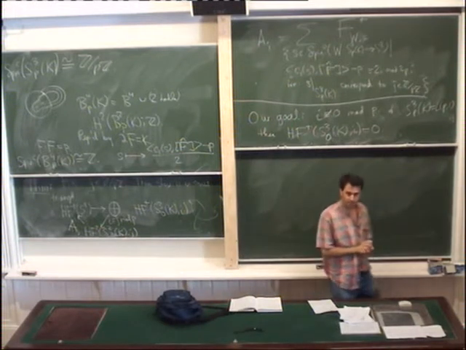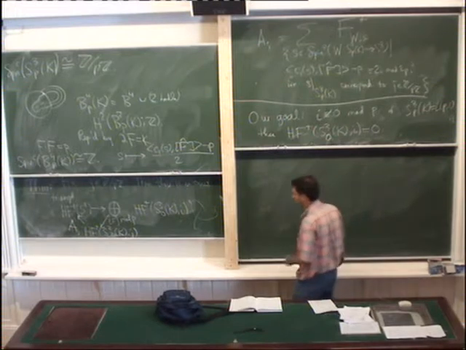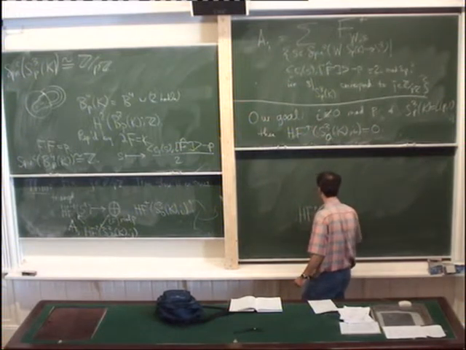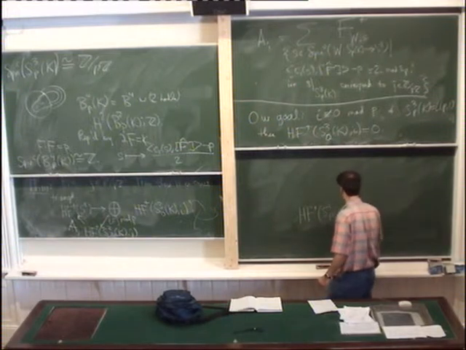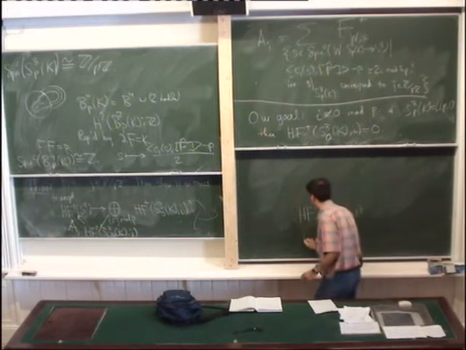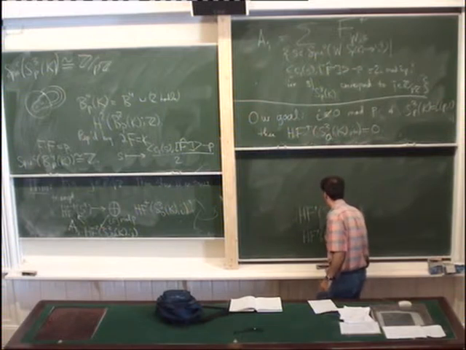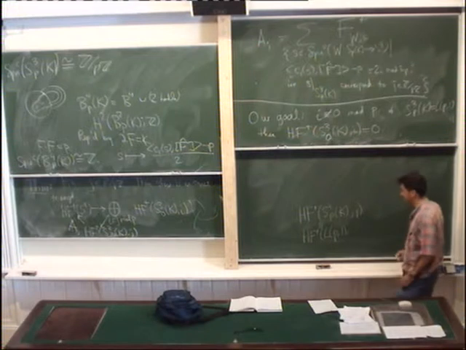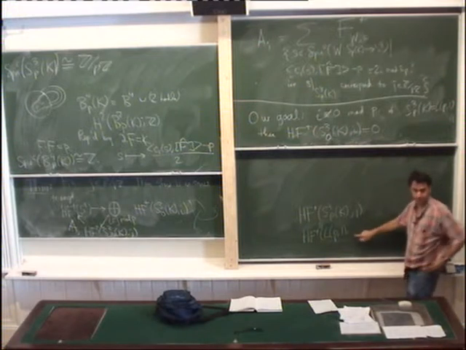According to the exact sequence, the Floer homology, HF plus of S3 P of K in the J spin C structure, is just the Floer homology of the lens space LP1 in some spin C structure.